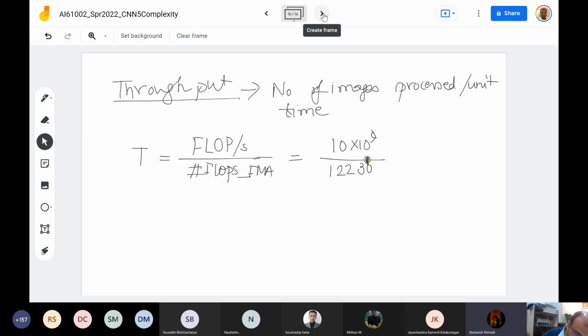So this is going to give me 81763, so 81,763 images per second.